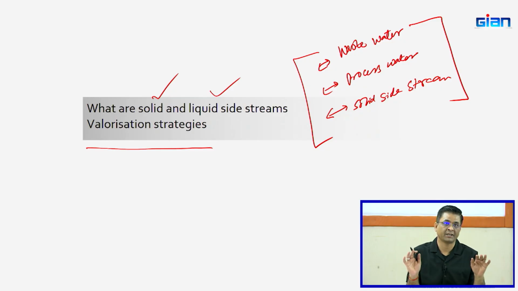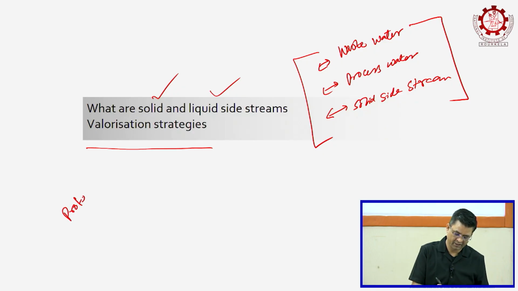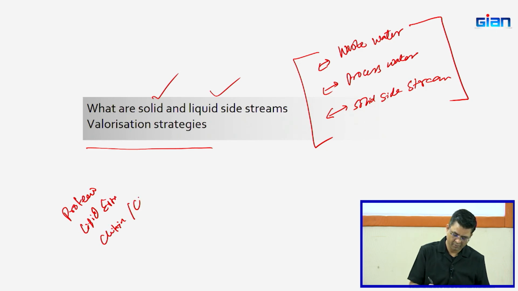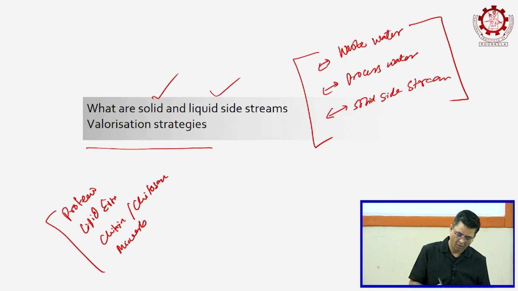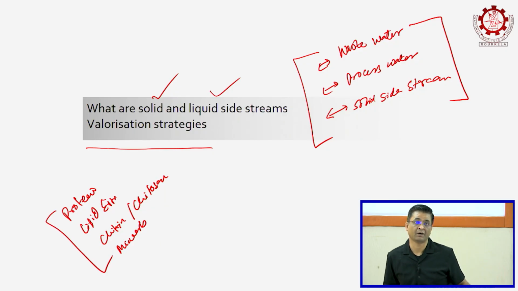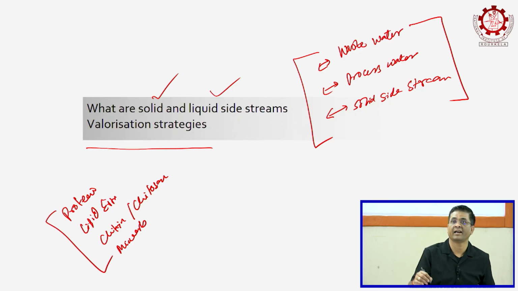This is a bigger picture, and specific processes for protein extraction, lipid extraction, chitin, chitosan, minerals, all these things will be specifically covered on how we extract those.